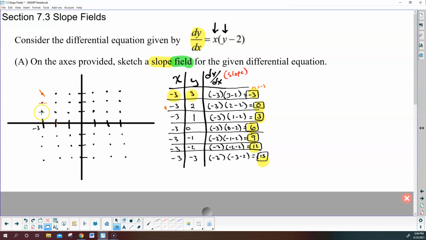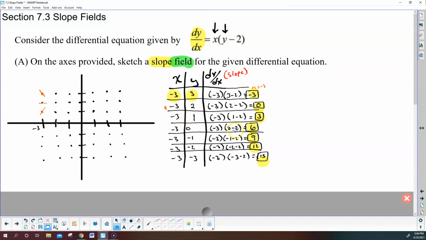And now I need a positive 3 slope. So think of this. If I'm at this point right here, and I go up 1, 2, now I'm going to estimate 3 over 1. Pretend there's a point right here, and I want to connect this point to give me a slope of positive 3. So then I'm going to draw a rough sketch right there. And there's the slope at the point negative 3, 1.